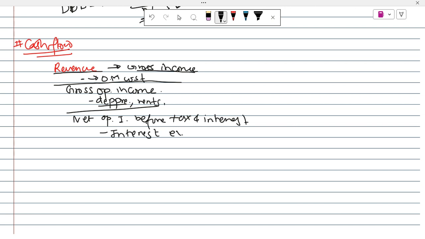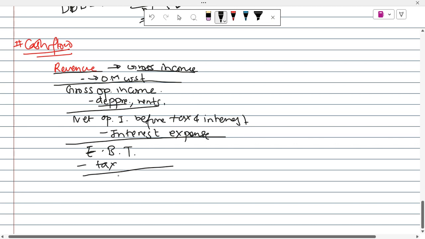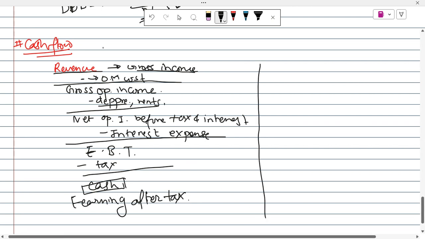We need to subtract this interest expense, and then we will get earning before tax, and we have to subtract the tax thereafter to get simply cash, or simply earning after tax. So this is our general corporate cash flow.